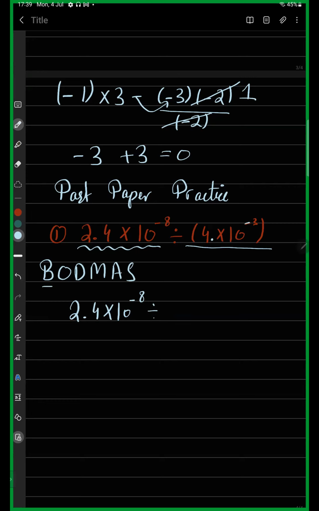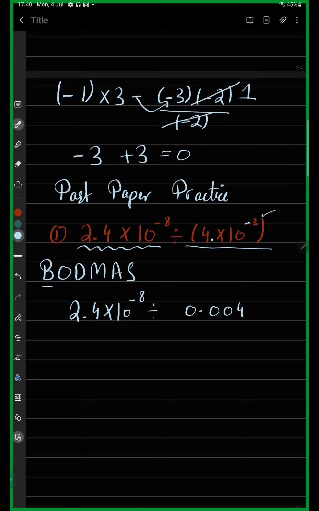I know whenever I have negative powers of 10, this number would reduce. So I need to move this decimal 3 units. So it would become 0.004. Okay. 1 unit, 2 unit, and then another unit. So it would become 0.004. Okay. So this is how I will simplify this type of bracket.